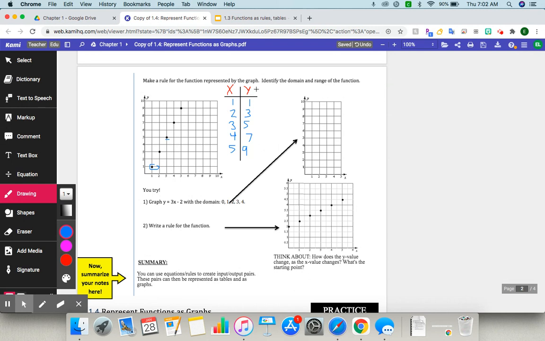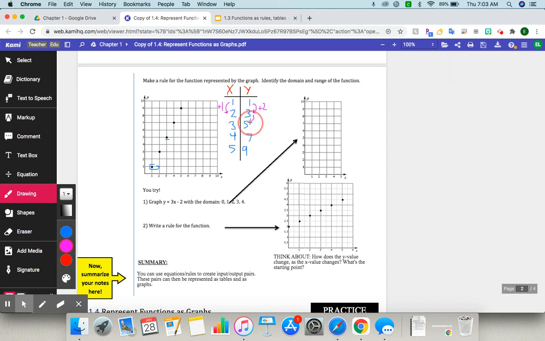So take a moment to look at this table, and can you find a pattern that is occurring? So hopefully you recognize that as the x value repeatedly increases by 1, the y value is actually increasing by 2 each time.